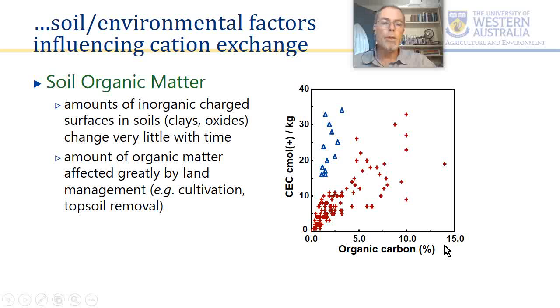And so what you should see in your soils is that the cation exchange capacity is higher in the A or AP horizon than it is, say, in the A2 or the B horizon in your soils. And of course, organic matter is one of the things that can change most by management. So lots of cultivation, for example, can deplete organic matter. That means it depletes cation exchange capacity and soil fertility.